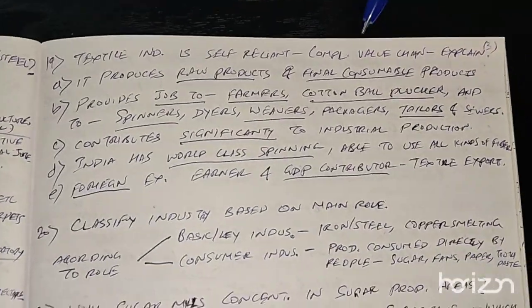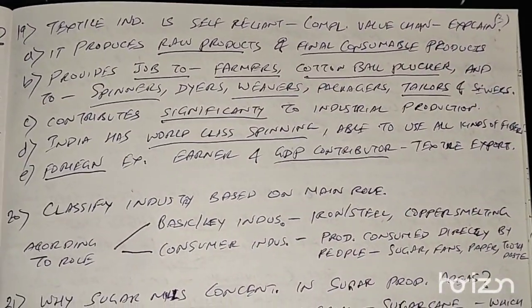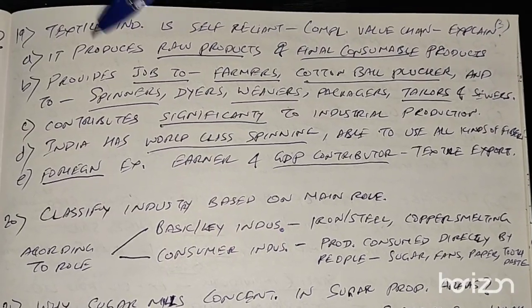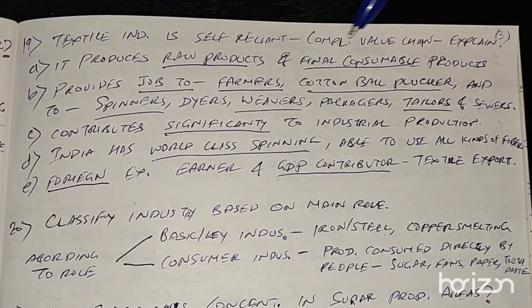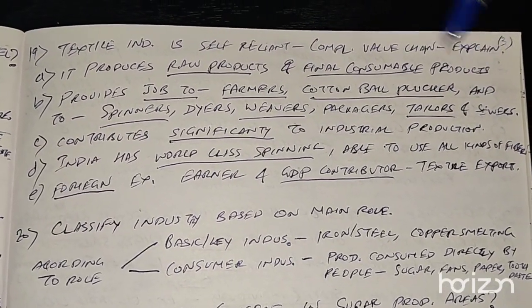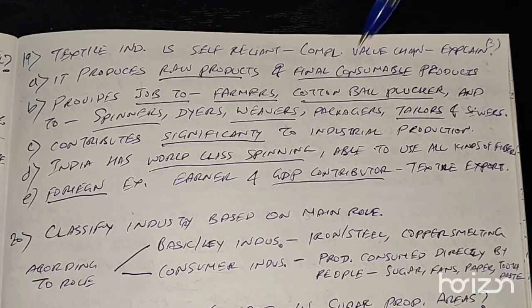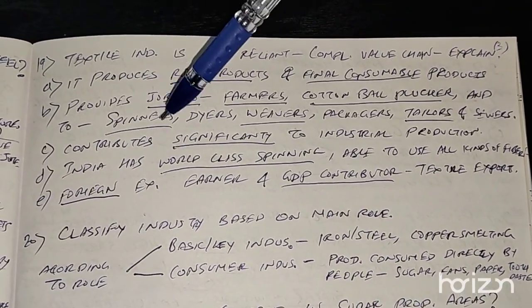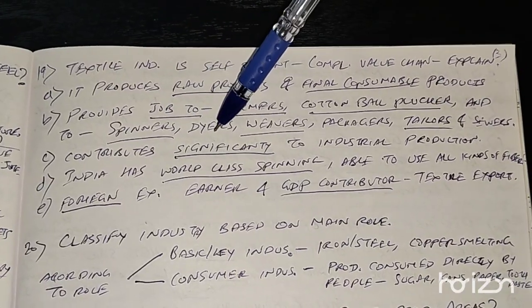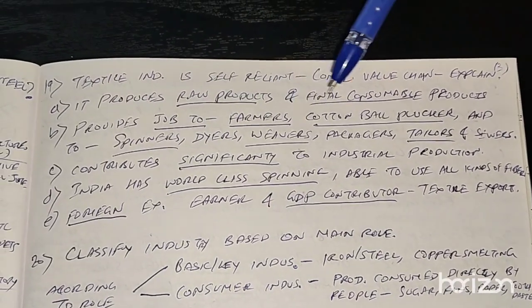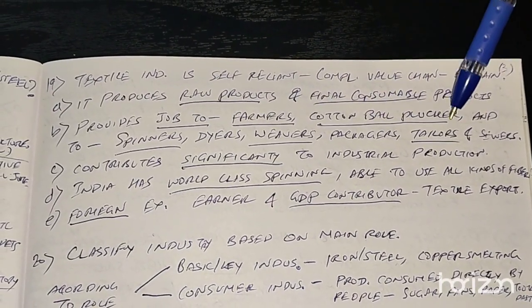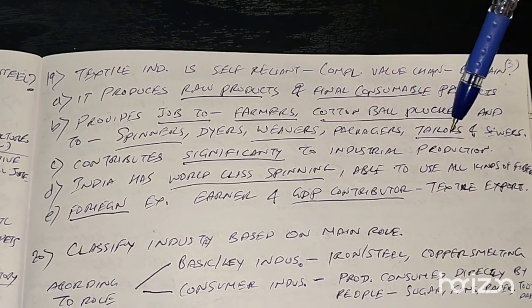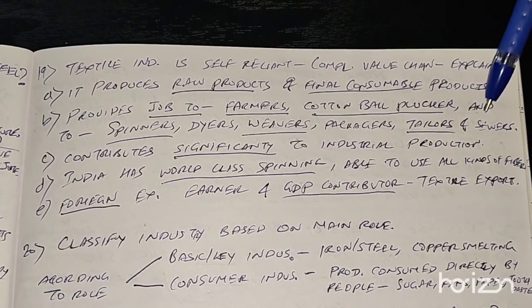Textile industry self-reliance. Okay, a complete value chain is there. Explain. See, the textile industry produces raw products and the final consumable products. It provides jobs to farmers, cotton pluckers. It provides jobs to spinners, dyers, the people who weave it, weavers, the people who package it, packagers. It also provides jobs to tailors and sewing people.